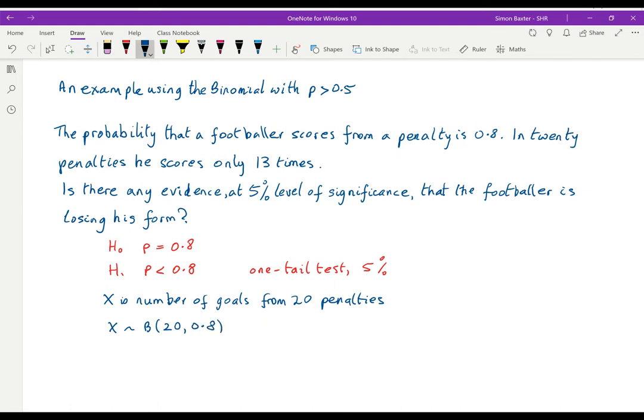Now our tables only go up to 0.5, so we must consider y, the number of misses in obviously 20 penalties. Then y is going to be binomial 20, 0.2. Right.